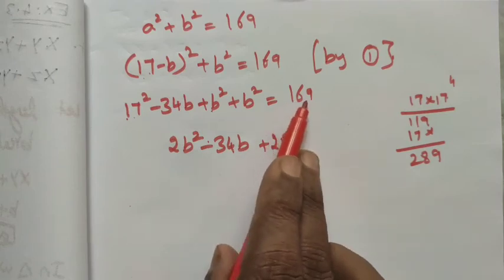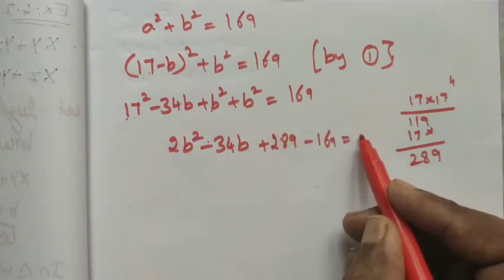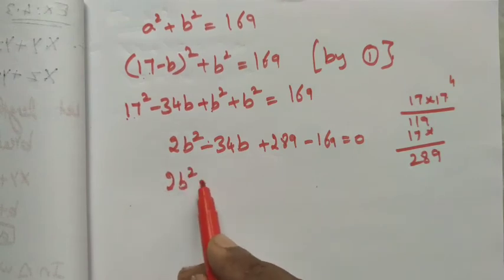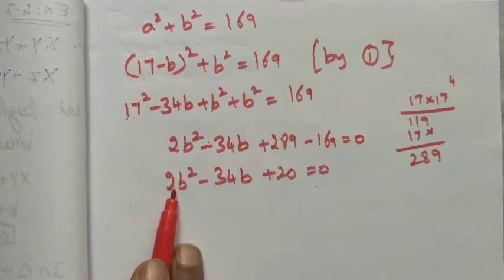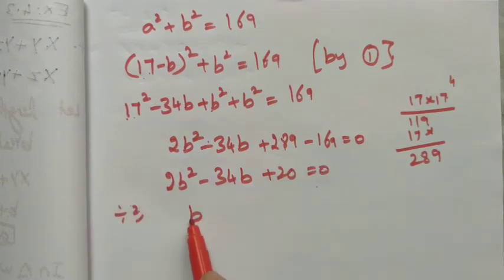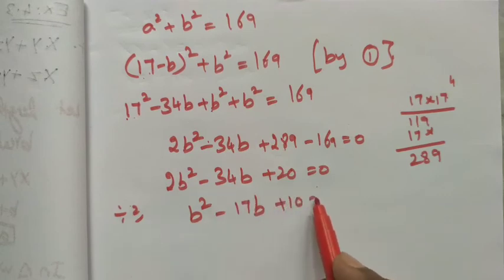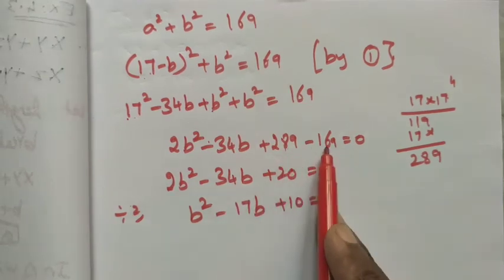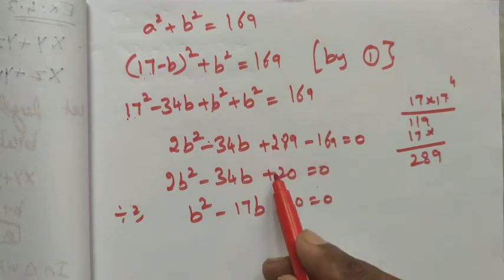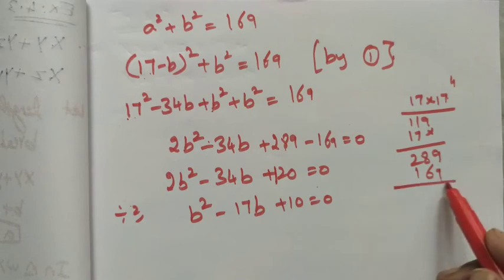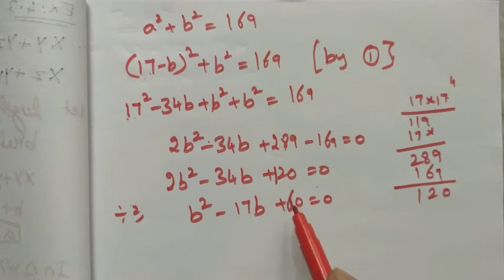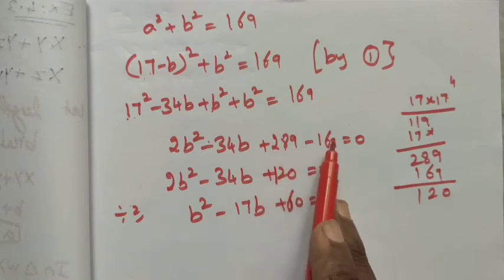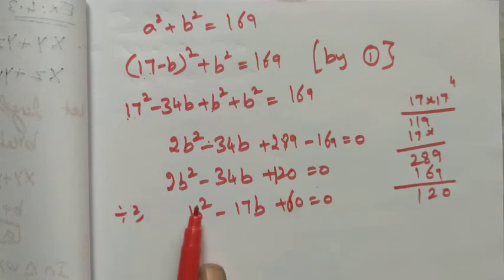I take this 169 to this side, minus 169 equal to 0. Sorry, here when we subtract we get 289 minus 169 is 120. So 2B square minus 34B plus 120 equal to 0. All the numbers are even, so divide by 2, we get B square minus 17B plus 60 equal to 0.